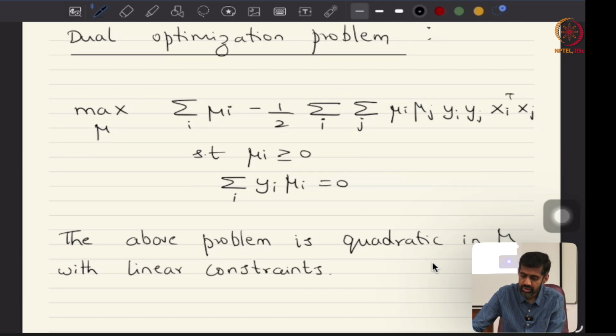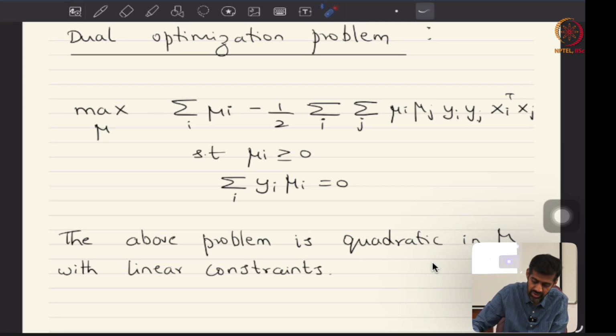Because you have product terms mu i mu j, which are quadratic terms, and there are linear constraints on mu. In optimization theory, this problem is known as a quadratic programming problem with linear constraints, a QP problem. Now how do we solve a QP problem with linear constraints? If you studied optimization theory, there are standard solvers and methods to solve it.